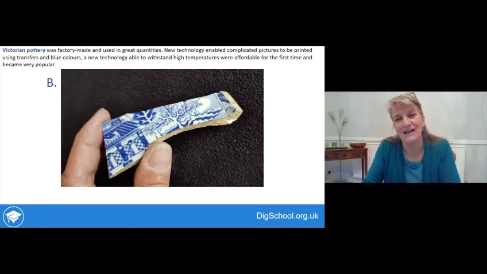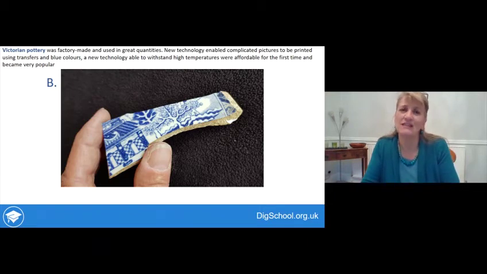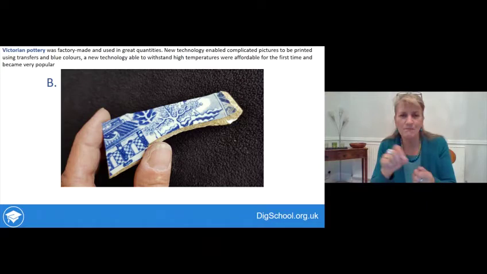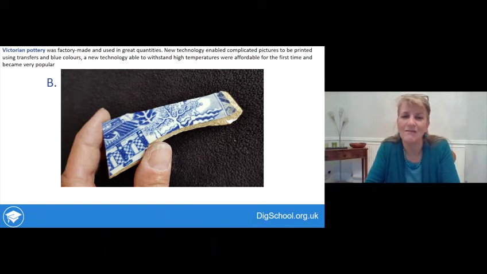Victorian pottery, factory-made, mass-produced in great quantities, so we tend to find a lot of it if people have been living anywhere near there. New technology enabled complicated patterns to be printed onto the pottery. It's much less common to find hand brush-painted designs, but these very complicated patterns like willow pattern plate, which is showing a sort of very popular Chinese design from an old Chinese story.